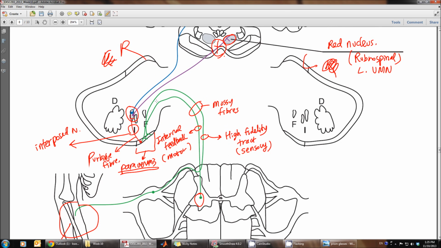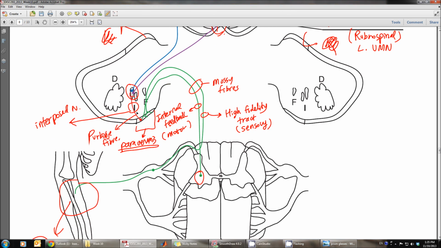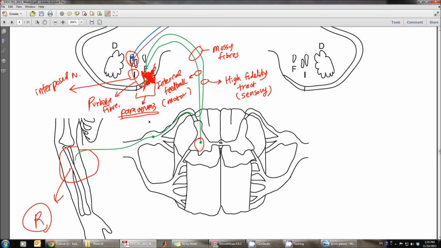So because of this wiring, let's say you have damage to the paravermis, so some of the neurons died. What will happen as a result is that all these signals cannot be processed and the output cannot be calculated accordingly. So you will have trouble controlling the right arm.